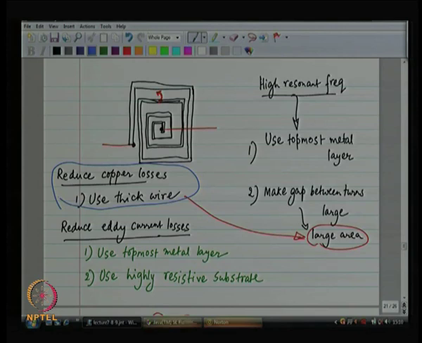I wanted to use thick wire, but thick wire is in both dimensions, both as far as the depth of the wire goes as also the thickness of the wire goes, but there is only so much you can do because you can make the wire higher and higher, but you know the current is propagating only on the surface. So, it does not matter.